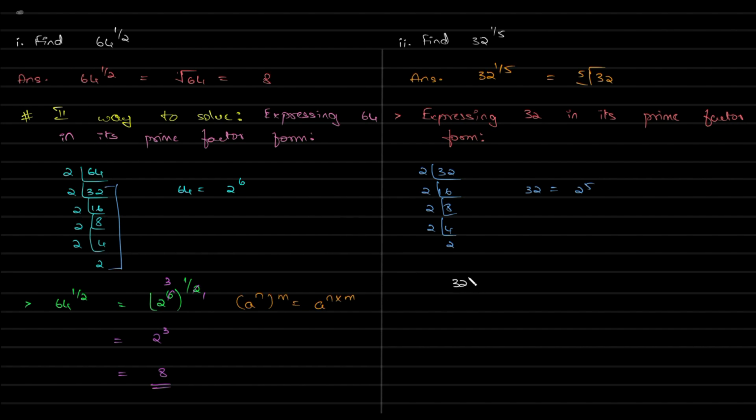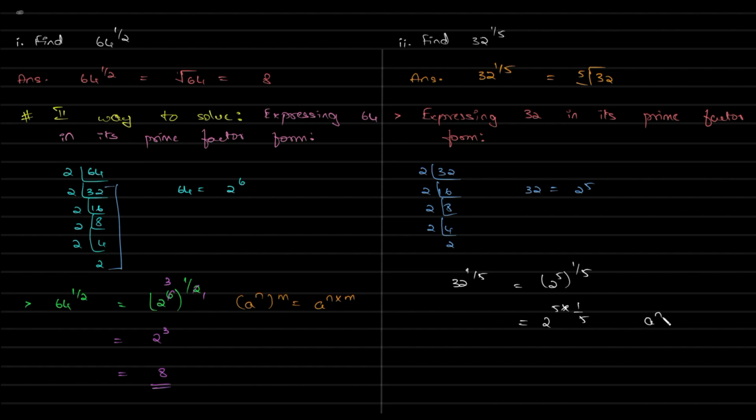So 32 to the power of 1 by 5 can be rewritten as 2 to the power of 5 whole to the power of 1 by 5. And 5 and 1 by 5th will get cancelled. If you're not able to understand this, I'll show it to you with one extra step.